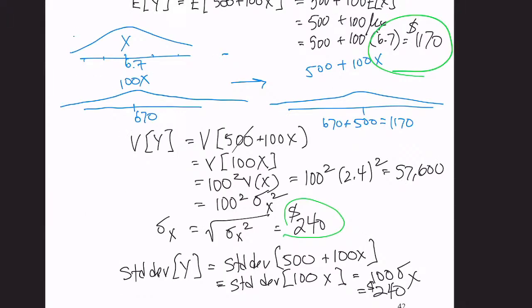So what we're going to do is take the variable x, and I'm going to multiply it by a scalar. And I'm going to take the variable y and multiply it by a scalar.